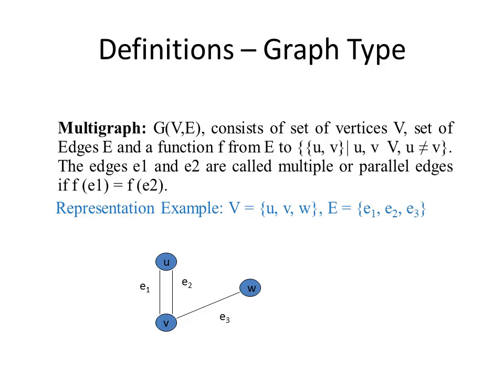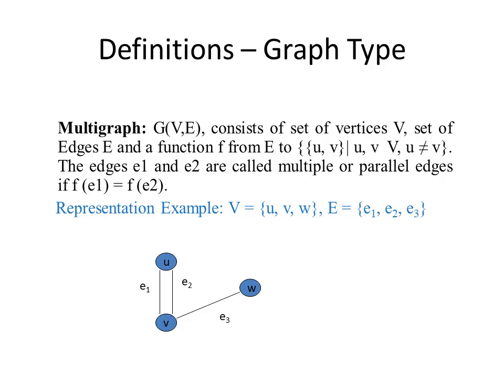We have a graph consisting of a set of vertices V. We have 3 vertices here, u, v, w, and a set of edges e1, e2 and e3. The first edge is u to v, and the edges e1 and e2 are called multiple edges, or we can say parallel edges. e1 and e2 both connect u and v.